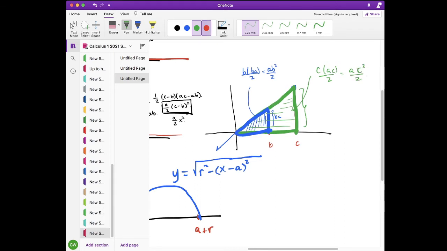Okay, so if we subtract, we subtract the bigger one, right? AC squared over 2 minus AB squared over 2. They both have an A over 2. We get C squared minus B squared.